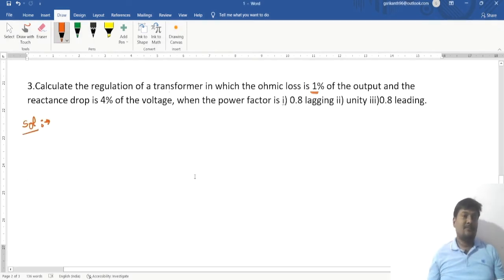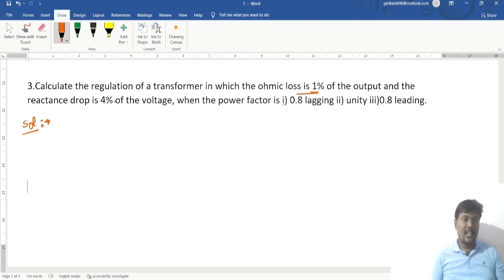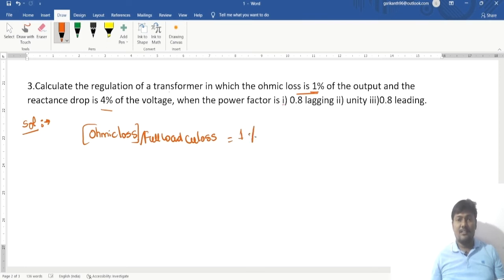Coming to the next problem, calculate the regulation of a transformer in which the ohmic loss is 1% of the output and the reactance drop is 4% of the voltage. Ohmic loss, that means full load copper loss, percentage full load copper loss is equal to 1%.